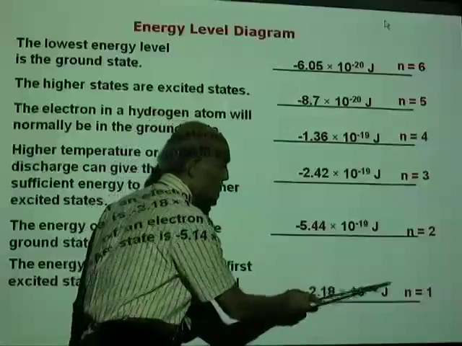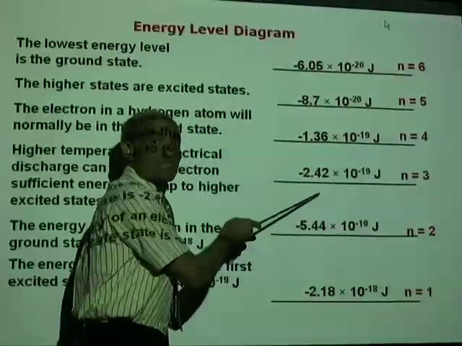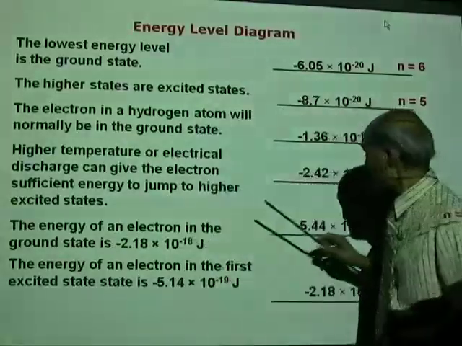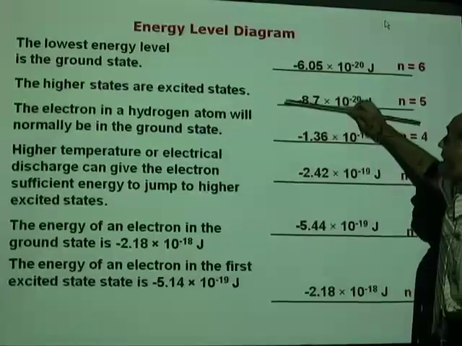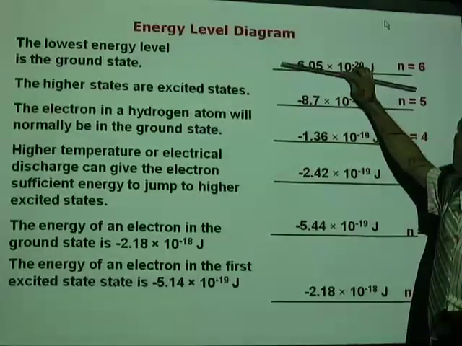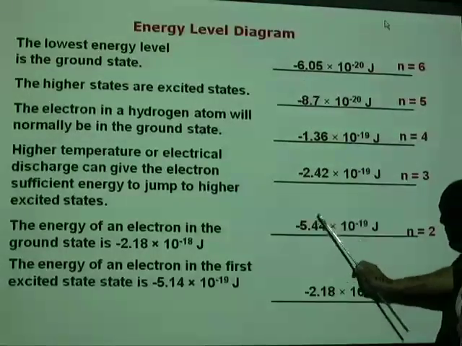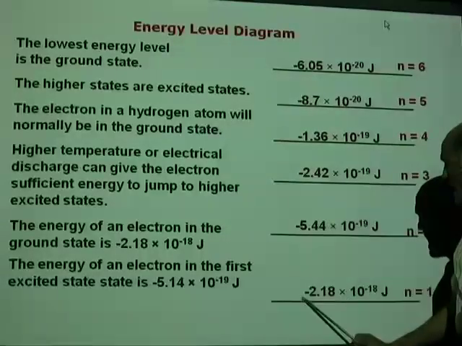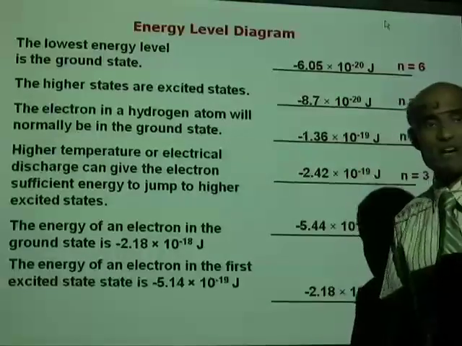The energy of the electron in the ground state, the first excited state, the second excited state, and so on. Now you notice that as we go higher and higher, these energy values are higher. Is that right? Can you figure it out? What is the difference between these two? What is this value minus this value? Is that a positive or a negative value? Try that on your own.